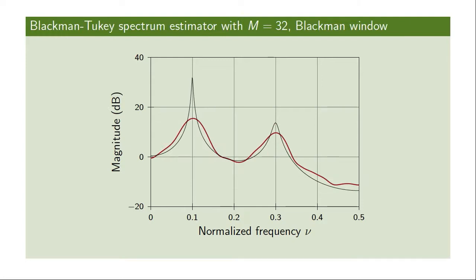Or we could use Blackman-Tukey with a certain maximum lag and a pre-specified window in order to further smooth the spectrum and get a very low variance estimator, but again at the expense of a widening of the peaks, or a loss in resolution. So in this particular case, we wouldn't be able to capture the peaks of the original spectrum as accurately as we did with the periodogram.